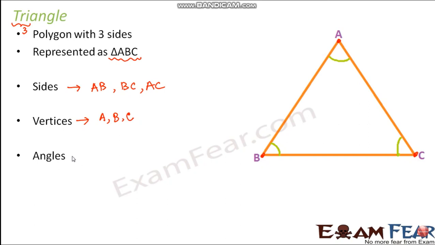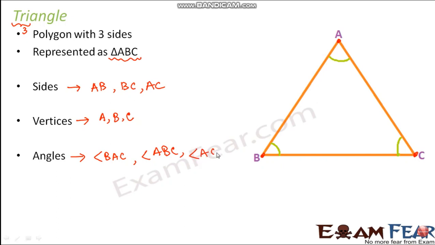And which are the angles formed in this triangle? That is angle A, angle B and angle C. For example, this angle can be named angle BAC. Similarly, this angle between B and C can be written as angle ABC.